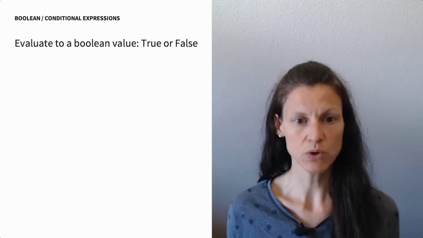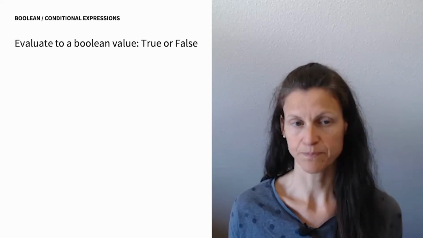Until now, we mostly looked at expressions with numerical operators, which evaluate to a numerical value. We also applied operators to strings, for example, the plus operator to concatenate strings. However, there are also operators based on which expressions are evaluated to a so-called Boolean value, true or false.